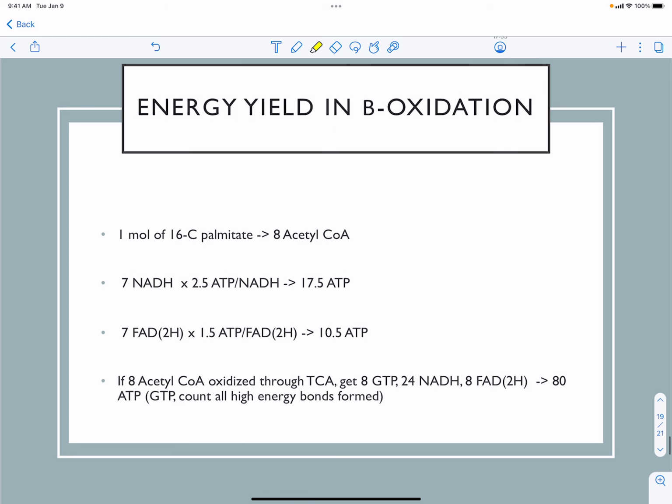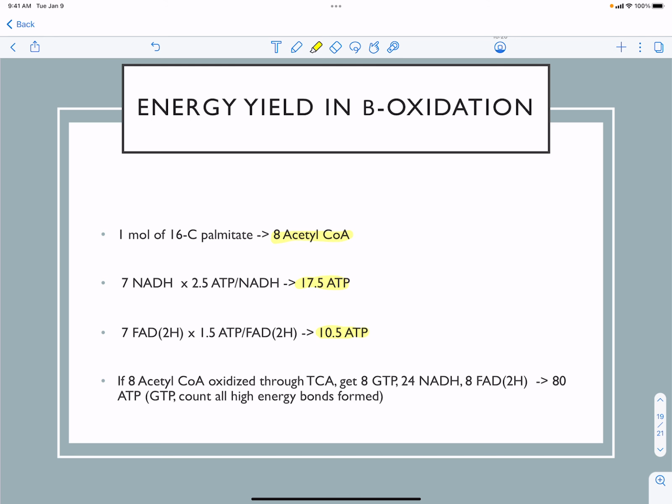So how much energy do you get out of beta oxidation? So you get a lot. You can imagine you have 1 mole of your 16 carbon, which is palmitate. You get 8 acetyl-CoAs. Those will all feed through the TCA cycle. You get 7 NADHs. Each of them will give you 2.5 ATP, so that's 17.5 ATP. 7 FAD, 1.5 ATP each, and so you get 10.5 ATP.